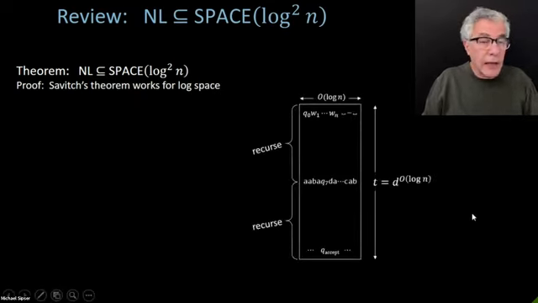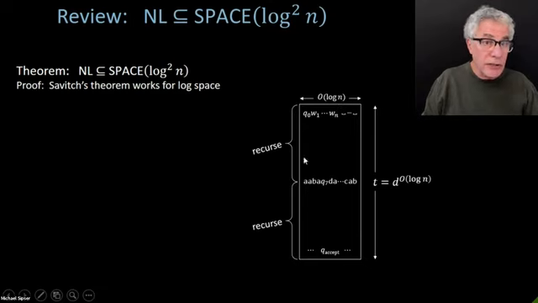I'm not going to go through this in detail, but it's the same picture that I copied off an earlier slide with a simple modification: the size of the configuration is now log n, because that's how big the configurations are when you have a non-deterministic log space machine.